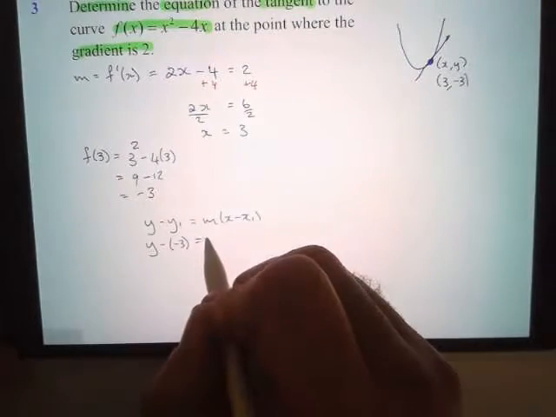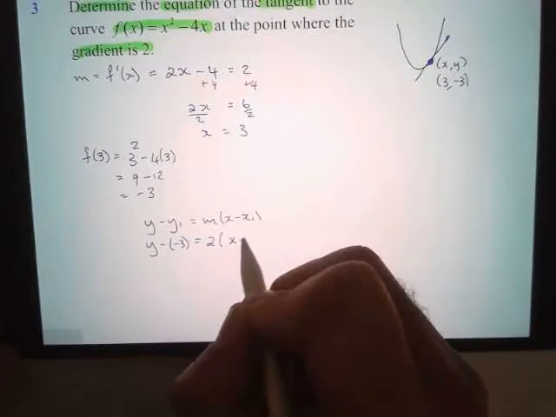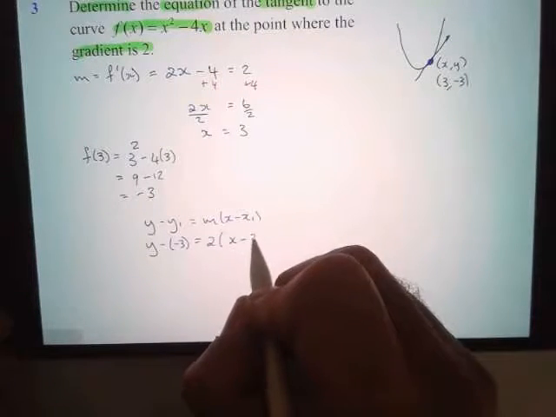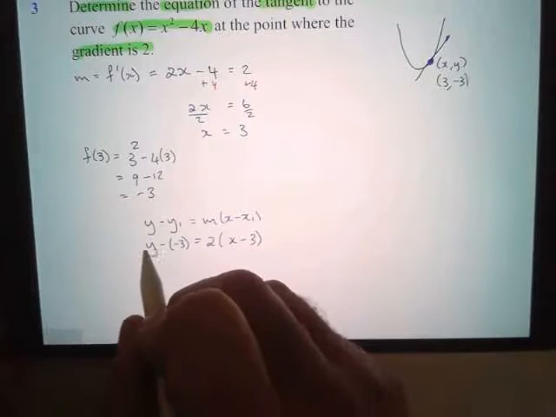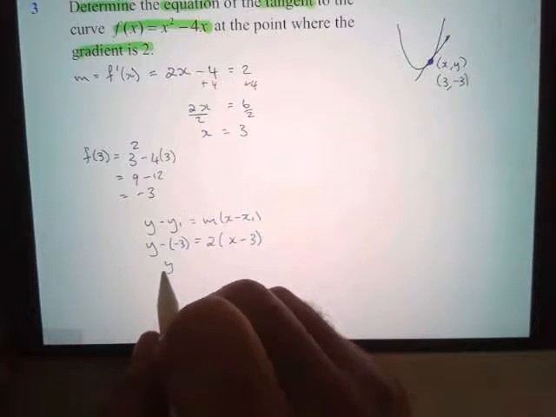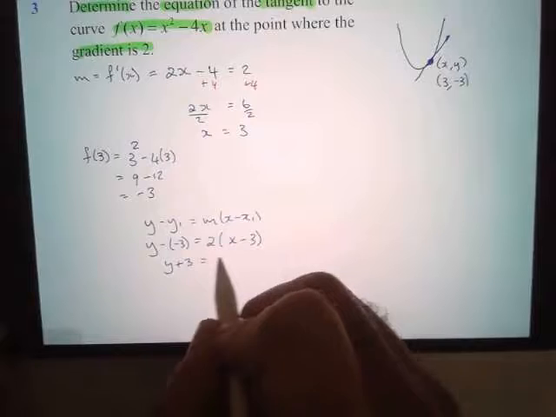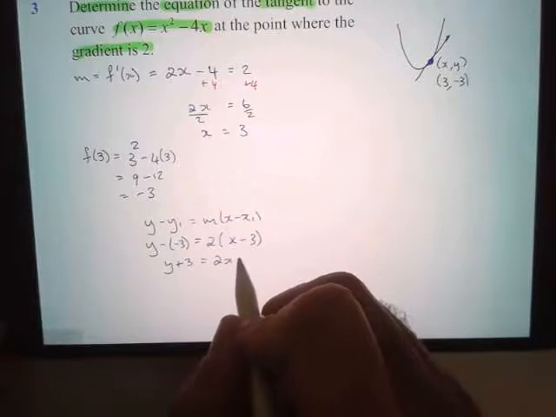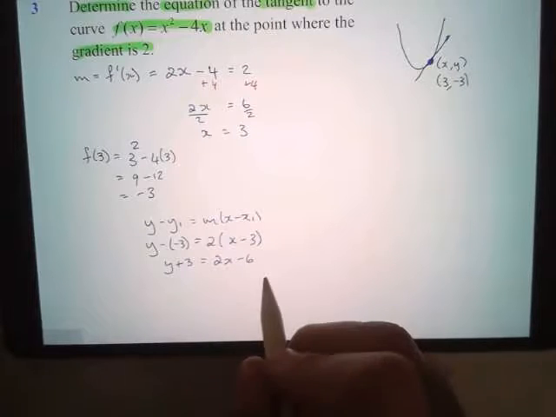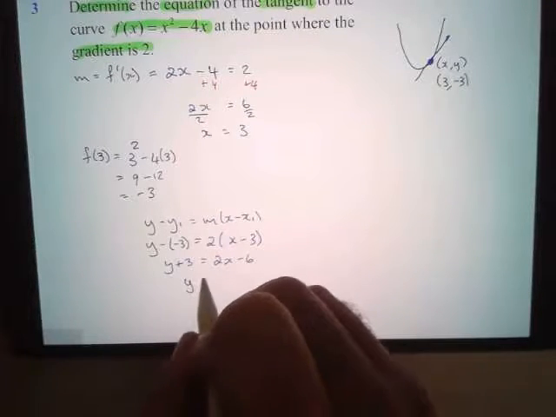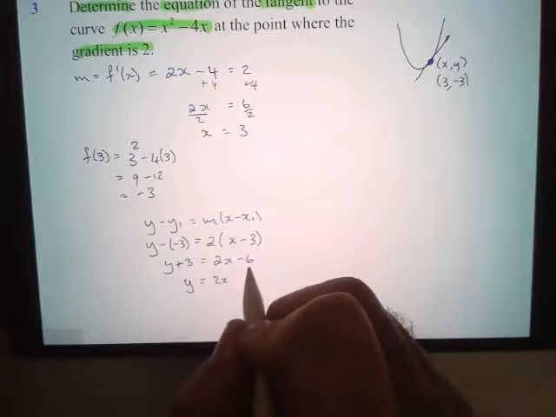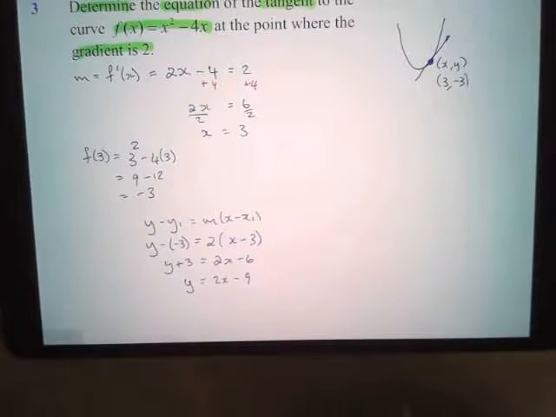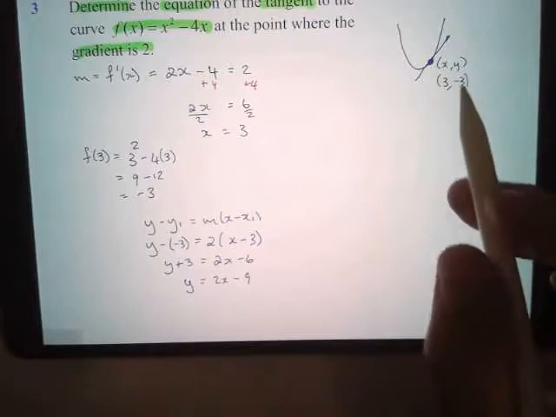The gradient is 2. x1 is our point here, which is positive 3. That will give us y plus 3 equals 2 times x is 2x, 2 times negative 3 is negative 6. The plus 3 is going to go over to the other side, so y is going to be 2x plus 3 minus... I'm going to subtract 3, so 2x minus 9. So that is the answer of that equation.